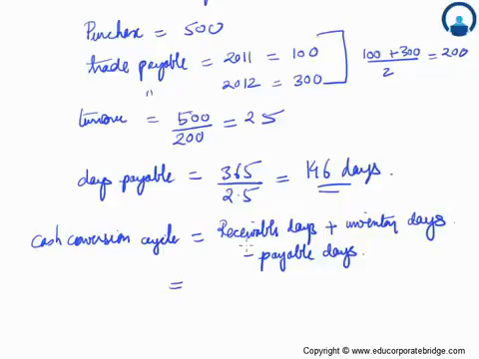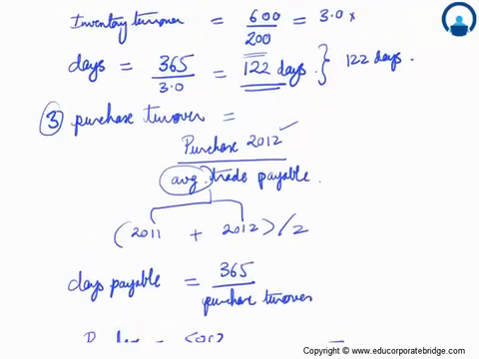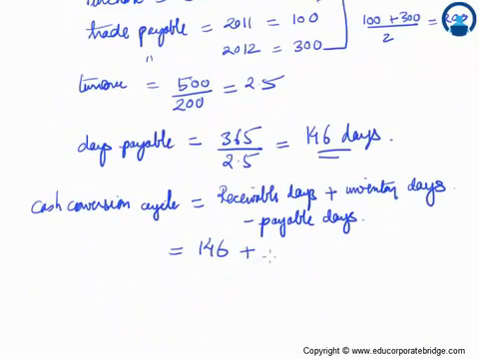So receivable days we have calculated earlier, this was 146. Your inventory days, let us see how that was, that is 122 days, and your payable days again was 146 days. So your cash conversion cycle is essentially 122 days in this case.